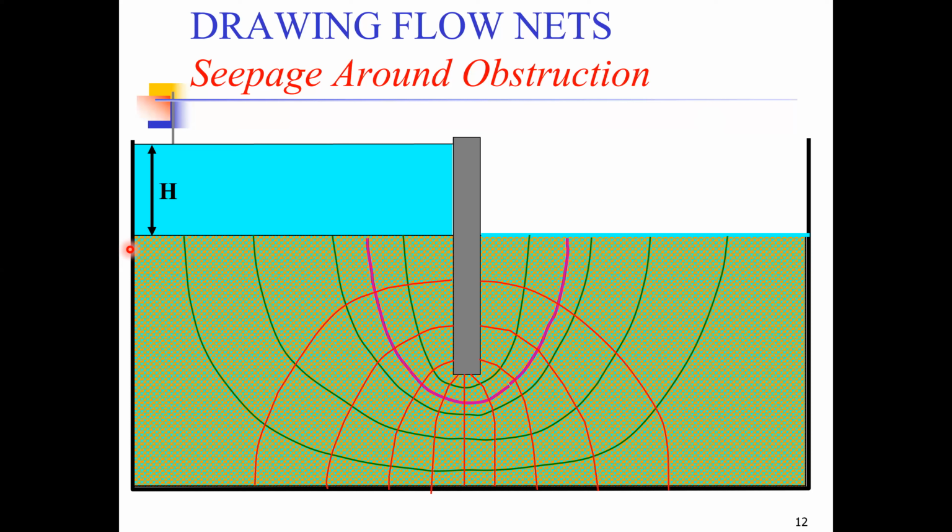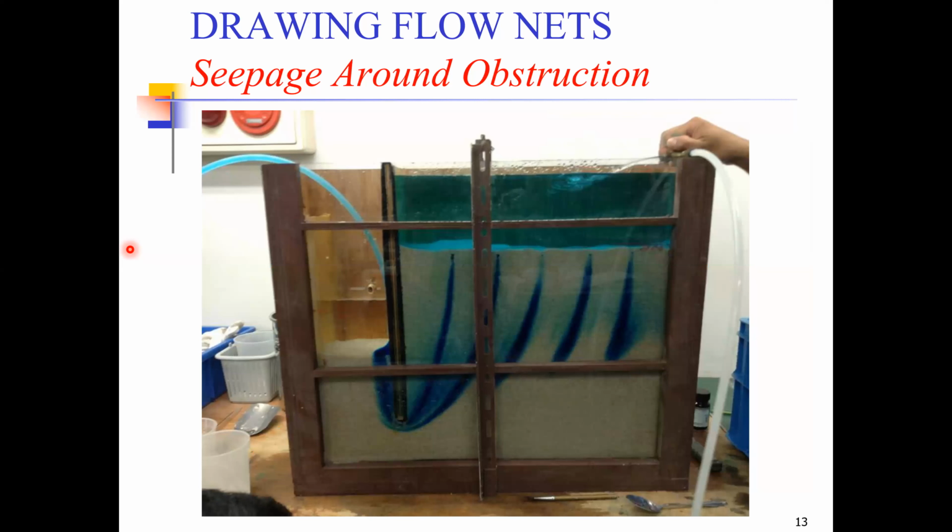So this is a relatively simple experiment, which can even be replicated in the lab to see how the flow nets actually work. And this is what can be done in the laboratory as well. For example, whatever you have seen on the previous slide, this is a real life example of the same flow nets model.